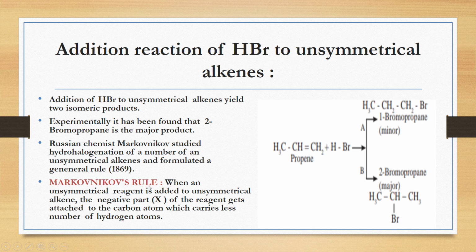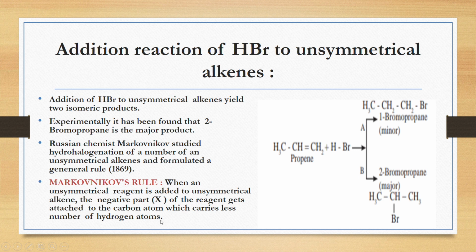The rule is called Markovnikov's rule. What does it state? When an unsymmetrical reagent is added to an unsymmetrical alkene, the negative part of the reagent, that is halogen in this case, gets attached to the carbon atom which carries less number of hydrogen atoms.